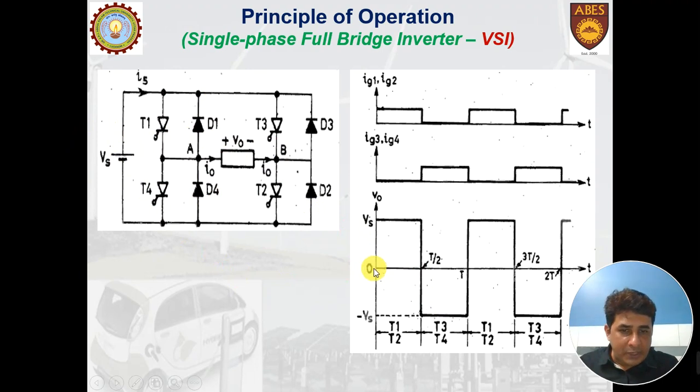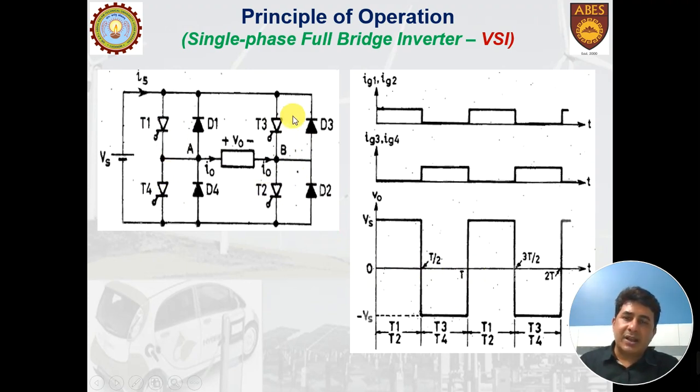This from point 0 to T is called 1 cycle. For 1 cycle, the time is taken as T. This T is equal to 1 by F, where F is the frequency. For whatever frequency the output is needed, the devices are accordingly switched.